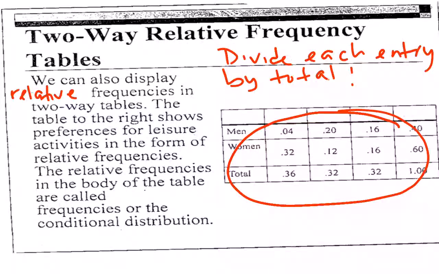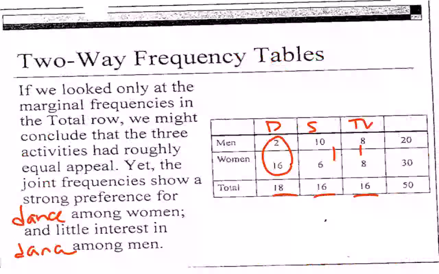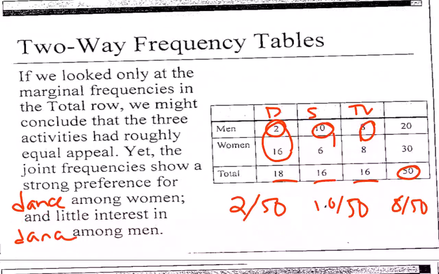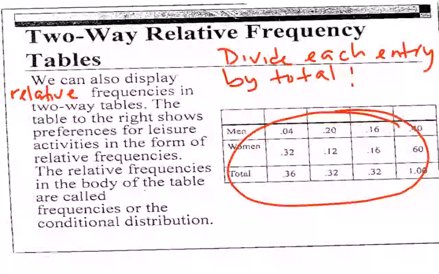So I'm going to flip back to my other page. To get my top left, I would do 2 divided by, my total is 50. To get this next one would be 10 divided by 50. And then 8 divided by 50. And this is with a calculator, so we just type it in the calculator. So that is how they're getting 0.04, 0.2, 0.16.